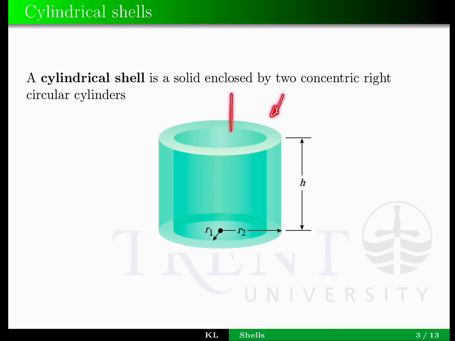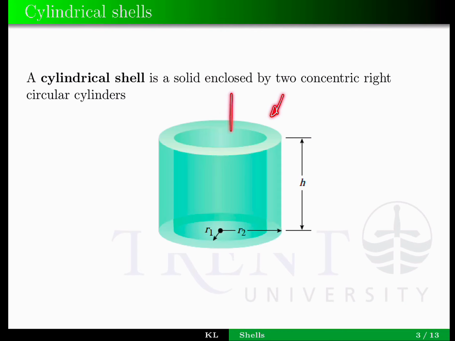We just factored out h in here. Now, we can also factor out pi, and you will be left with a difference of two squares, r2 squared minus r1 squared. If we factor that difference of two squares, we will get this product, r1 plus r2 times r2 minus r1. Take note, r2 is bigger than r1 in here.